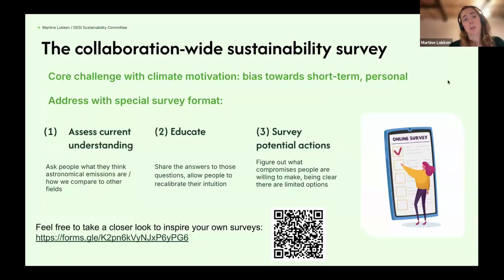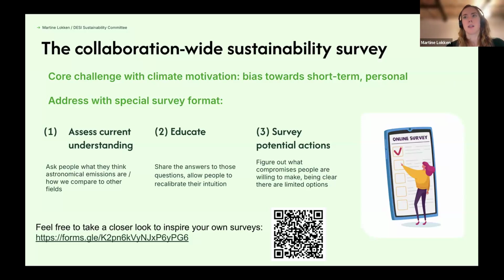So the next step after we did these preliminary estimates, which again didn't change that much by the end, although we started accounting for a couple more of those details over the year, was to conduct a big survey of the collaboration, both to figure out people's current attitudes about sustainability, what they thought DESI should be doing in terms of actions, and which types of actions people were most amenable to.